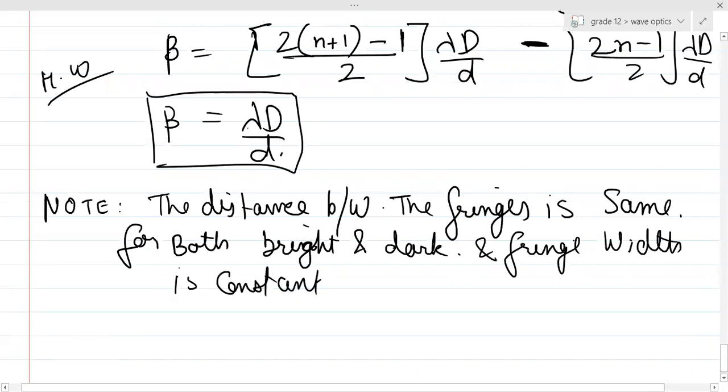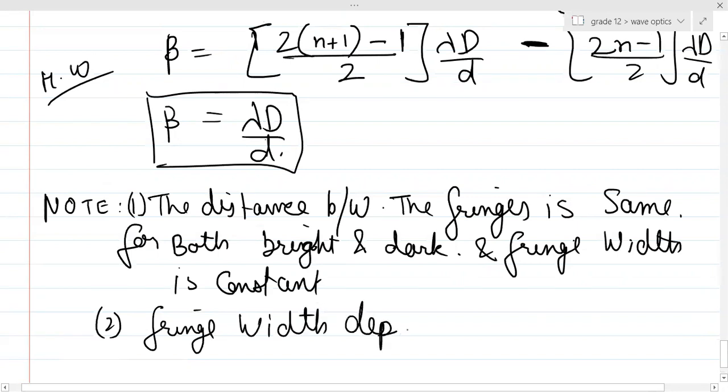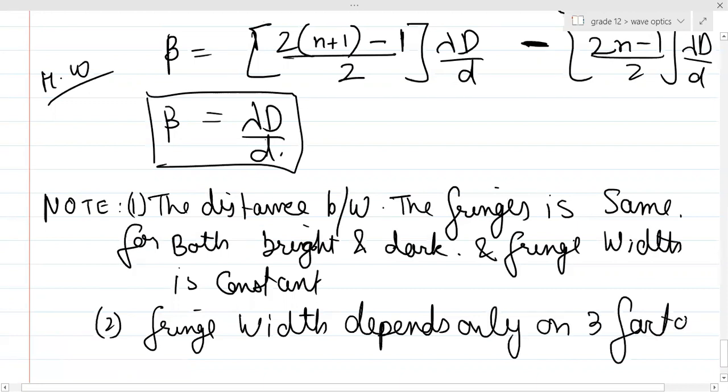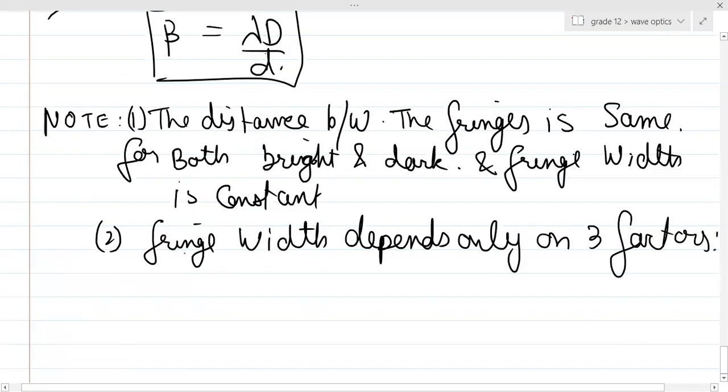Can you see, guys, fringe width depends only on three factors. What are those three factors?